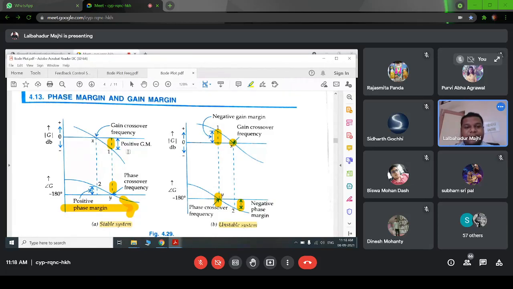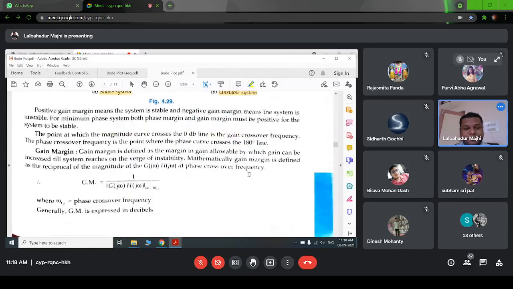Clear? Because at that time both GM and PM will be positive. And if this omega PC is less than this omega GC, then we will have an unstable system. So if any one of the gain margin or phase margin is negative, then our system will be unstable. We'll see in examples.